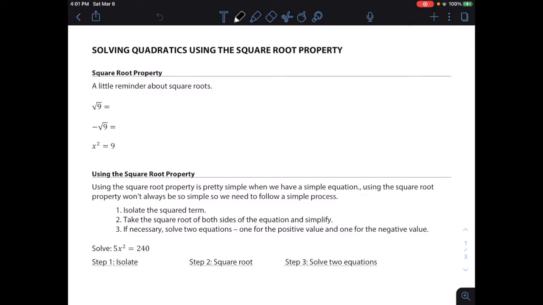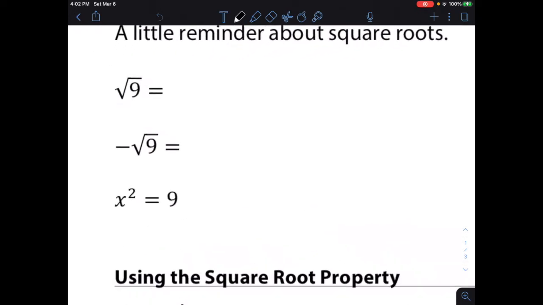So if we look at these three things we have here in front of us, we know that the square root of 9 is equal to 3. And earlier in the year, we talked about square roots and said we have to be told when the square root of 9 is negative 3. Because we know that 9 is equal to 3 times 3, but it's also equal to negative 3 times negative 3.